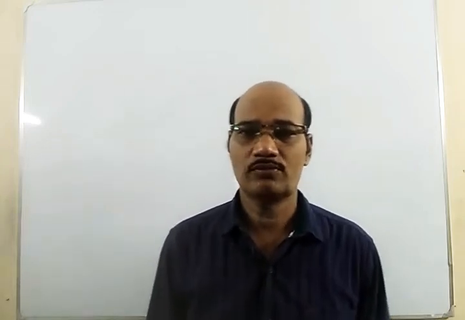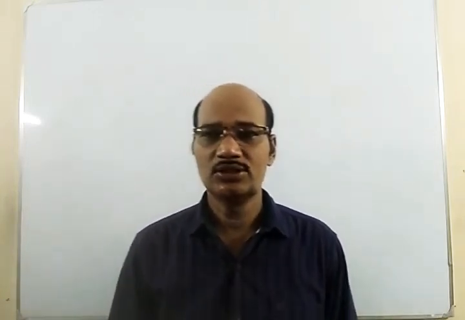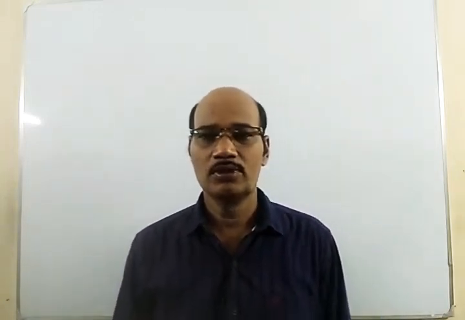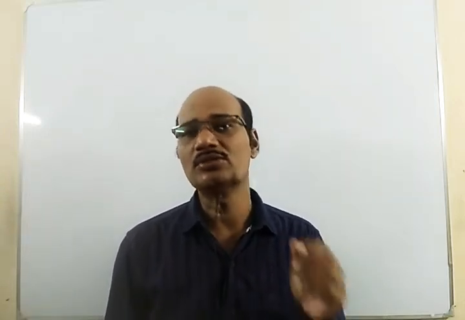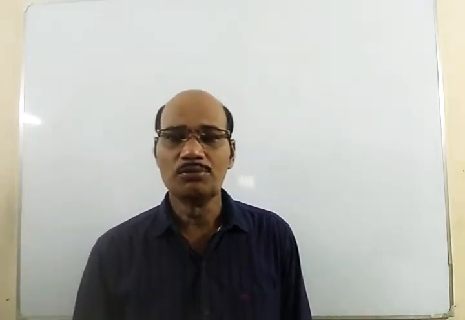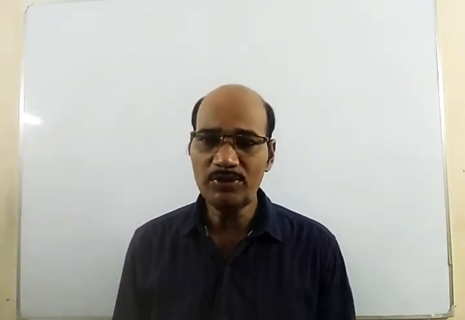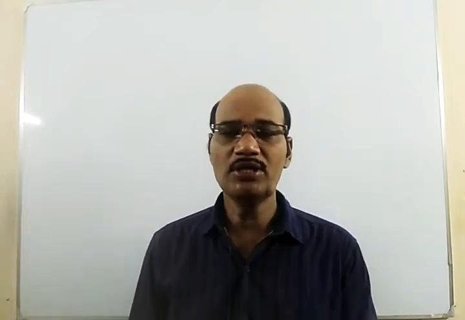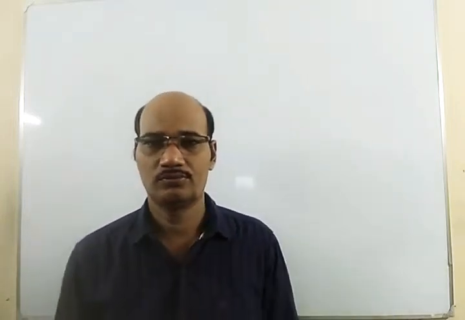Good morning, students. In the last class, we discussed the integrated rate expression for reactions of zero order. Also, we discussed how to obtain the half-life period of a zero order reaction.